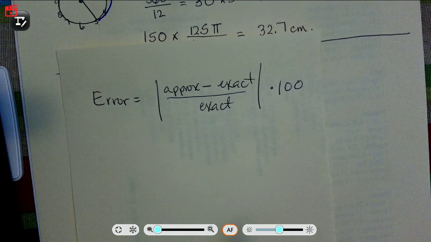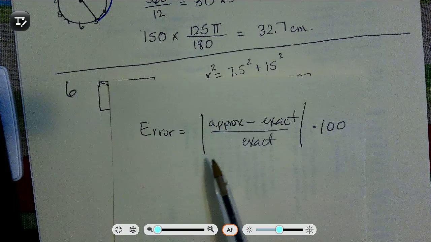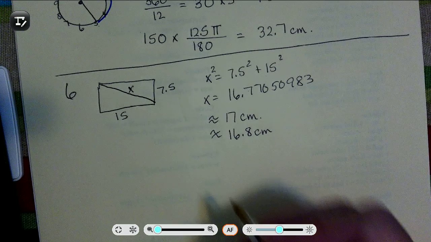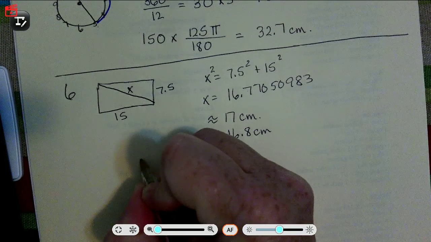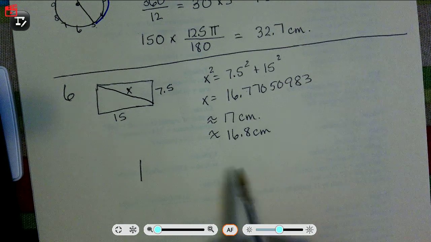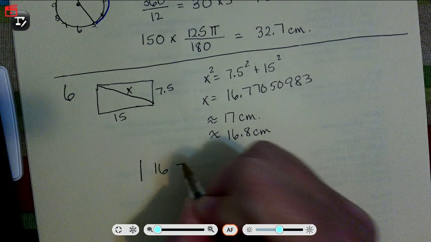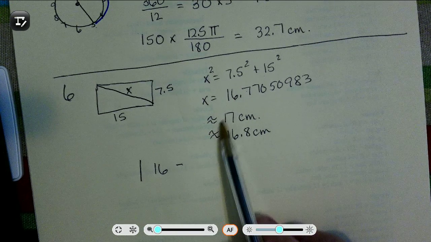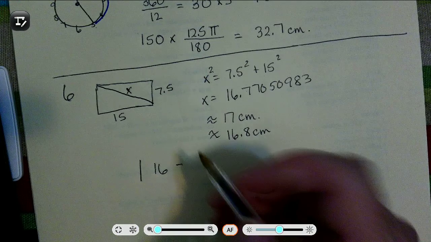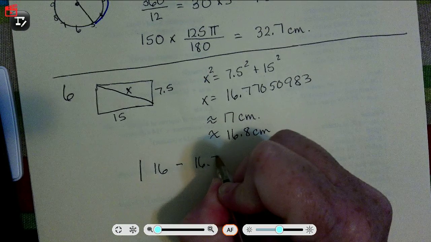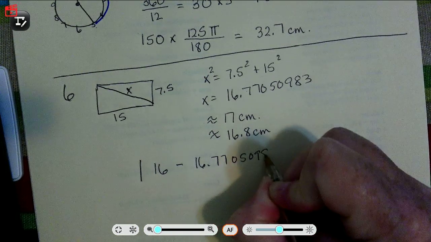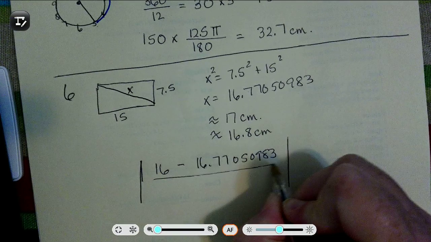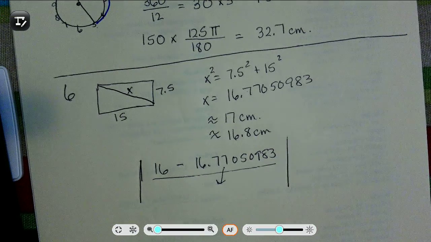So in this particular case, the approximate value is, and keep in mind, it's all around the absolute value. I think that might be where some of your negative issues come into play. So I want the approximate, and he measured it to be 16. Now your book is going to use this answer, the exact, not the rounded one that we got here. So it's going to take 16.77050983 and divide by this same value here.